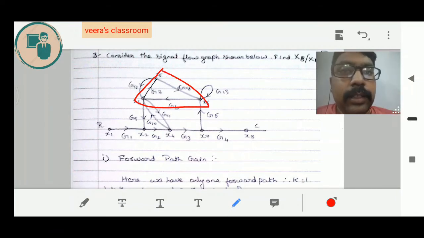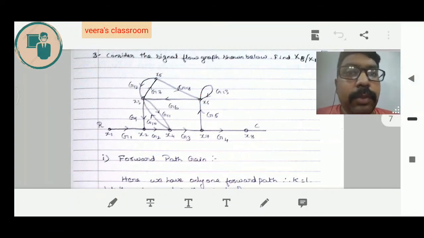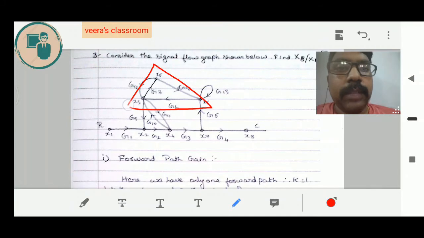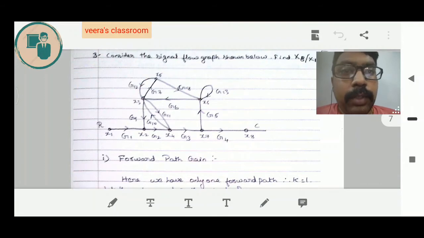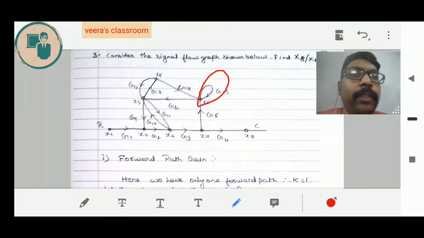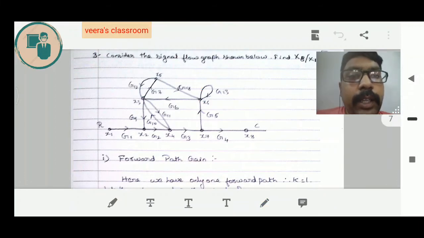It starts from x3, goes to x6 and goes to x5 and comes back to x3 again. This is individual loop gain 2. And this balloon shape at x6 is again an individual loop gain. It starts from x6 and comes back to x6 again. This is individual loop gain 3.